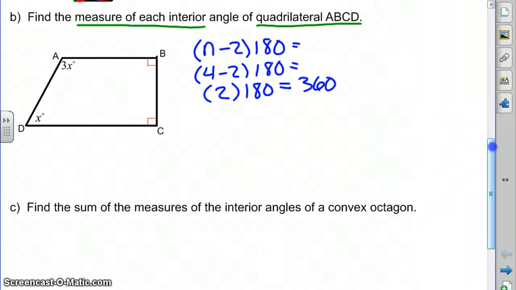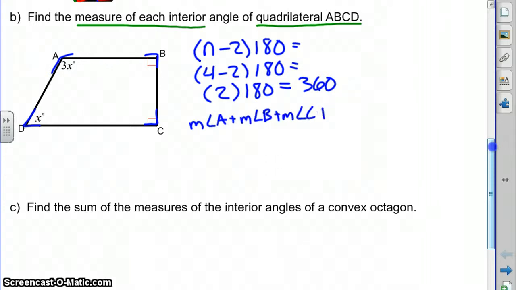If I add up angle A, angle B, angle C, and angle D, the measure of angle A plus the measure of angle B plus the measure of angle C plus the measure of angle D, I will get 360 degrees. Now, I've been given some good information. I know that angle B is 90. I know that angle C is 90.